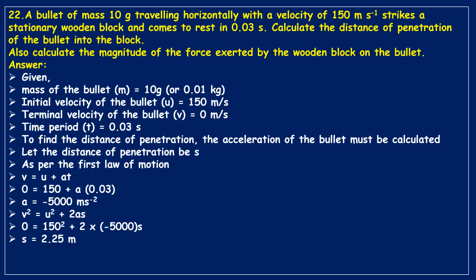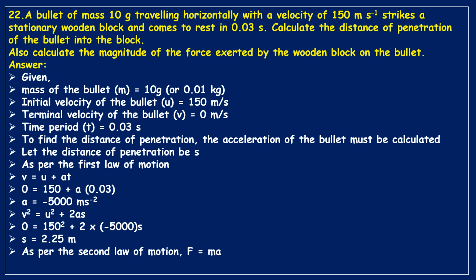If you multiply that, 150 square is 22,500, and dividing by 10,000, that is 2 into minus 5000, finally you will get 2.25 meters. If you substitute the values, you will get 2.25 meters. So this is the distance traveled by the bullet into the wooden block.